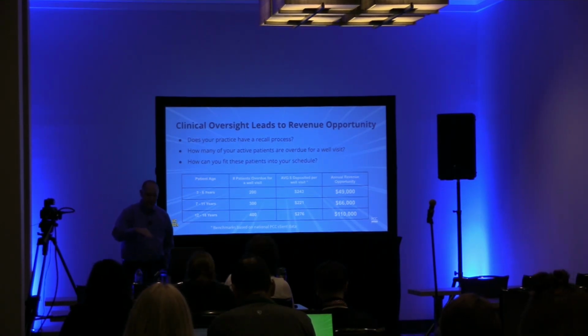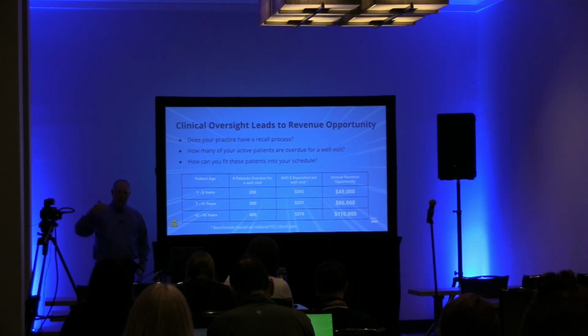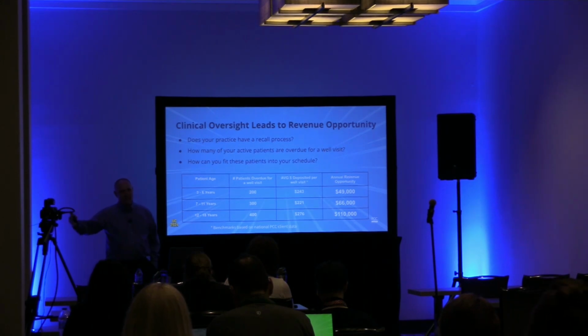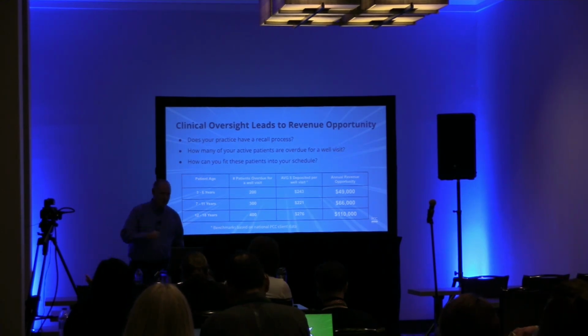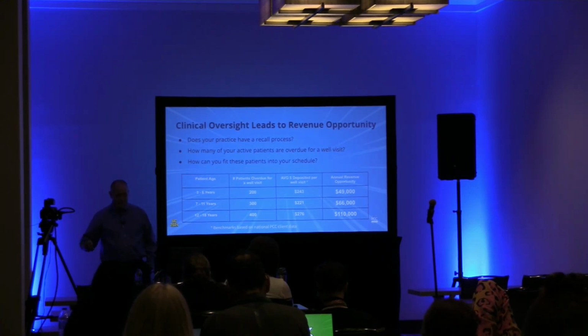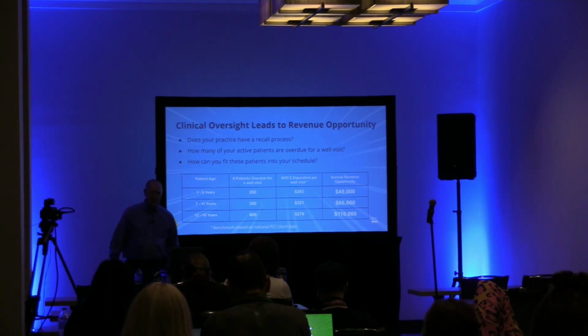The dashboard has them, but keep in mind that some of those may have since been caught up. The report library can also exclude patients if they are coming in for a well visit. So you may not need to reach out to everybody in the dashboard list, because if they're coming in soon, there's no need to reach out to them. I will show how to get those recall lists a little later.